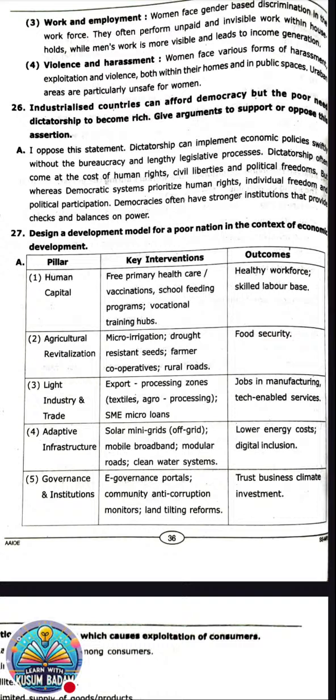Primary health care centers are there, vaccination programs are started, and school feeding, for the poor people, to attract them so that they will go to school. They provide lunch in the school, Anganwadi and all we come across, so that maximum kids can enroll.